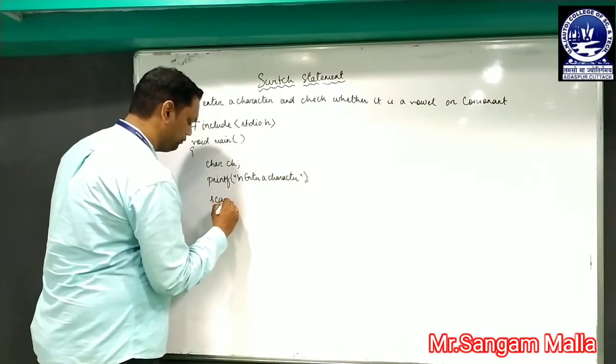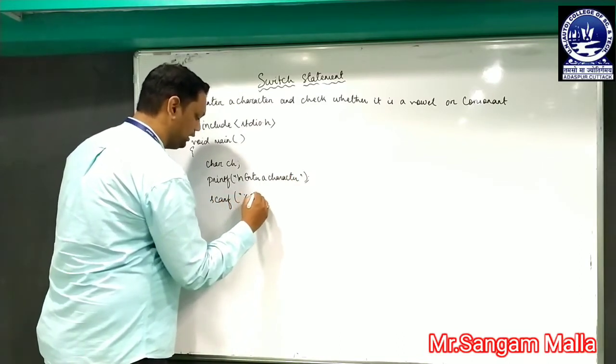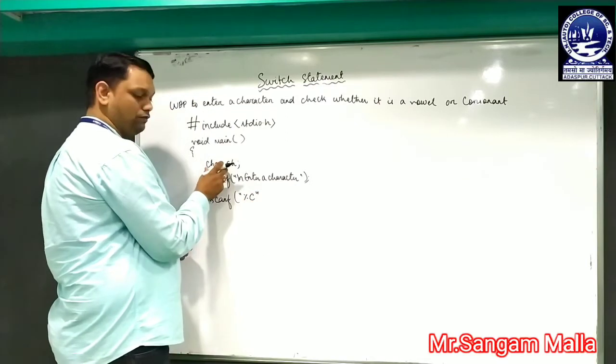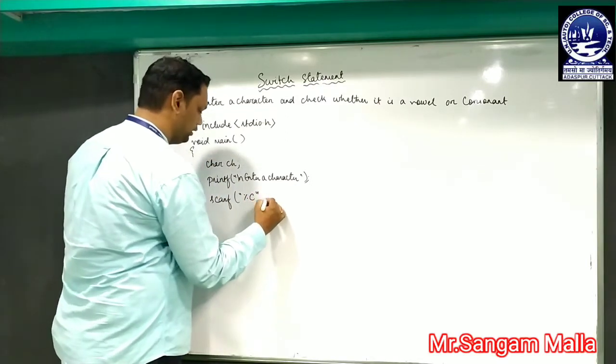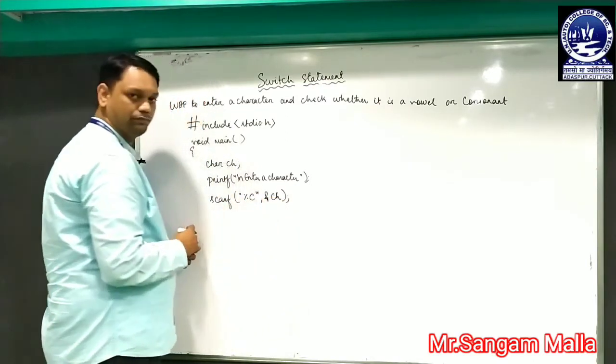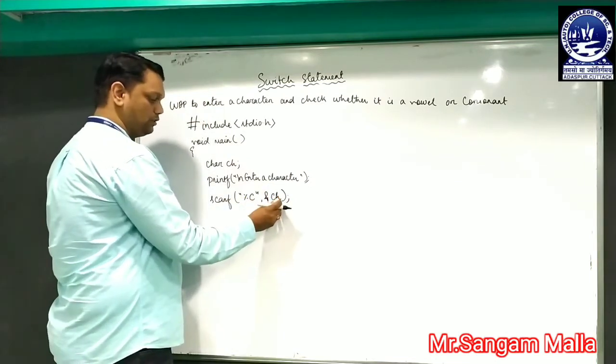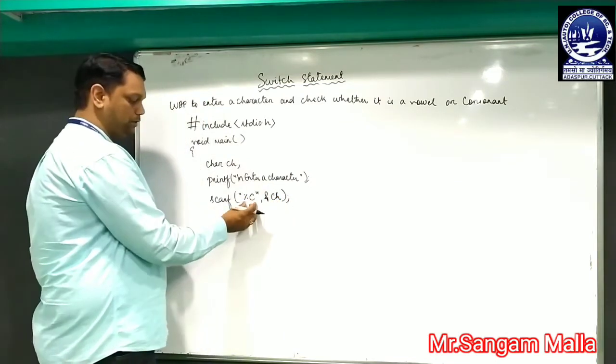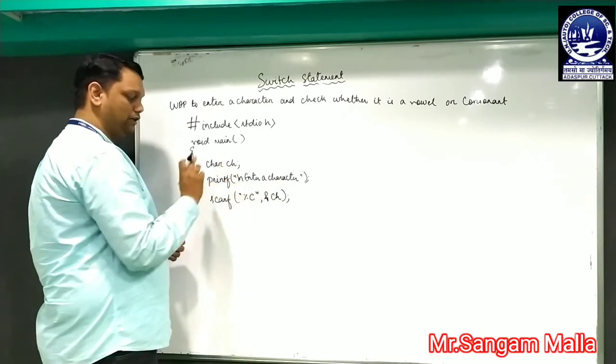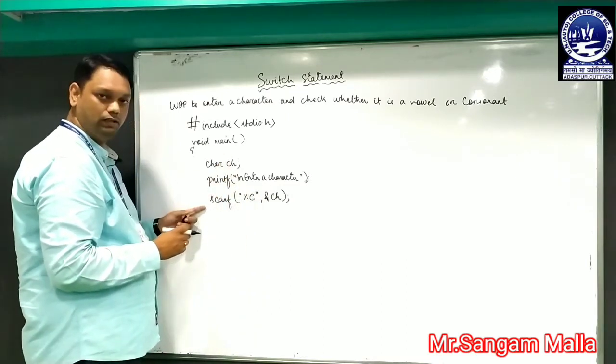Now scanf, %c is the format specifier of the character data type. So %c, &ch. ch is the variable to store a character and %c is the format specifier of character type. So we have entered a character.